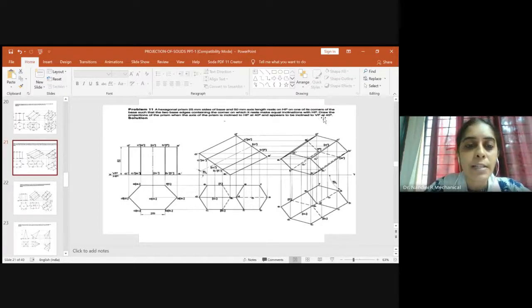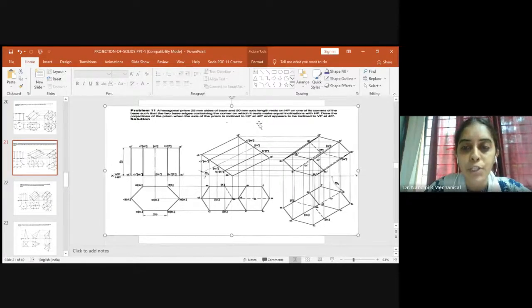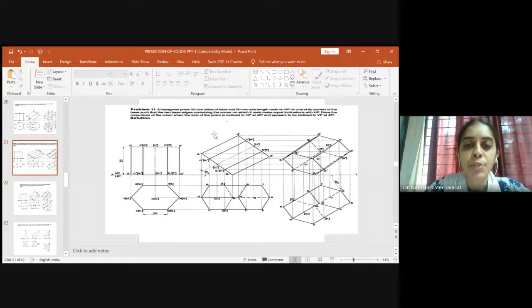What is being asked? Here the axis of the prism is inclined to HP at 40 and it appears to be inclined to VP at 45. So the second stage, always we do take the axis inclination of 40 degree to HP. Inclination with HP, in this question it is told 40 degrees.